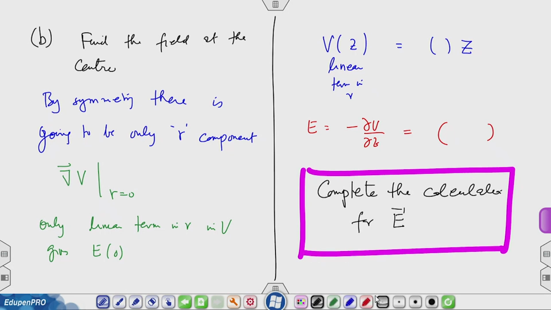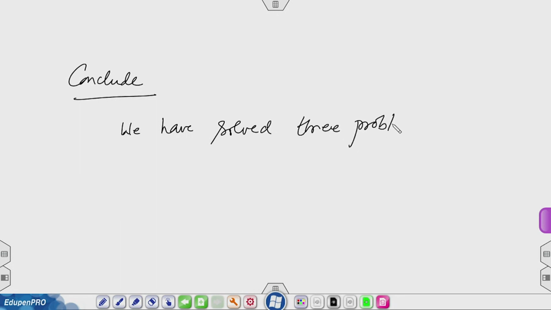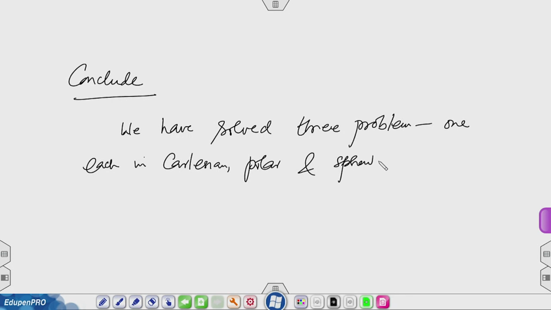I will now conclude this problem solving session by stating that we have solved 3 problems, 1 each in Cartesian, polar and spherical polar coordinates in 2D.